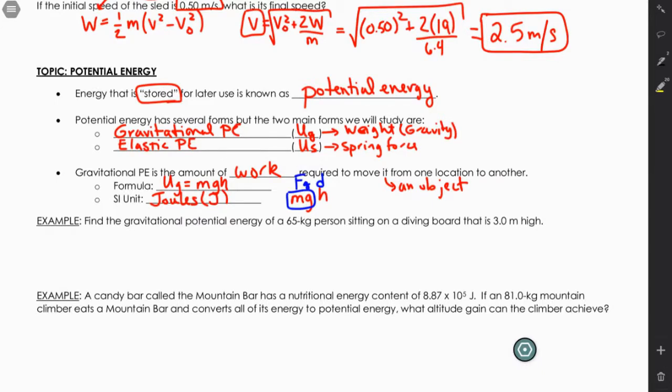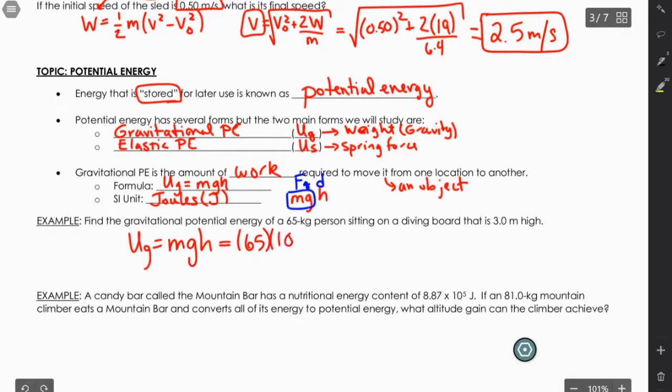Here you have: find the gravitational potential energy of a 65 kilogram person sitting on a diving board that is 3 meters high. All we're going to do is plug in our values. So U sub G equals mgh. We're going to use 65, we'll use 10 for g for simplicity, times 3.